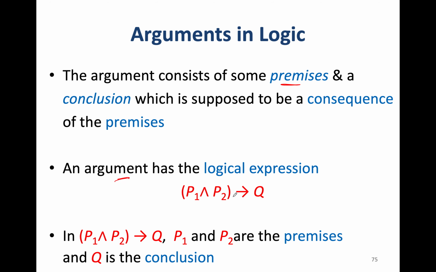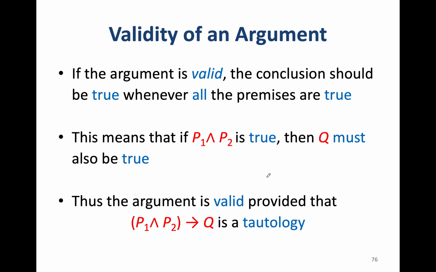An argument can be represented as the logical equivalent, as you can see here: P1 and P2, then Q. Now P1, P2, and Q are logical expressions. Here are the premises, the condition, and here we've got the conclusion.